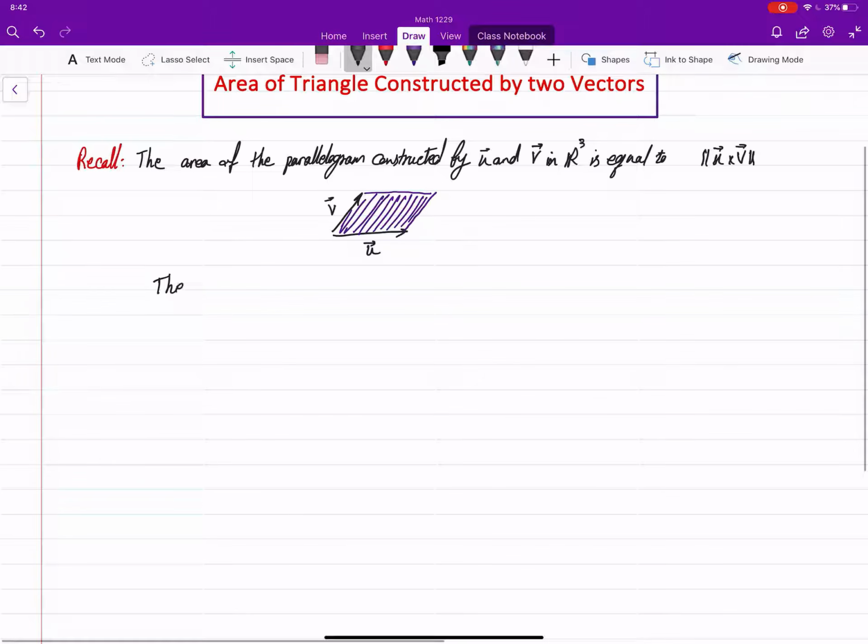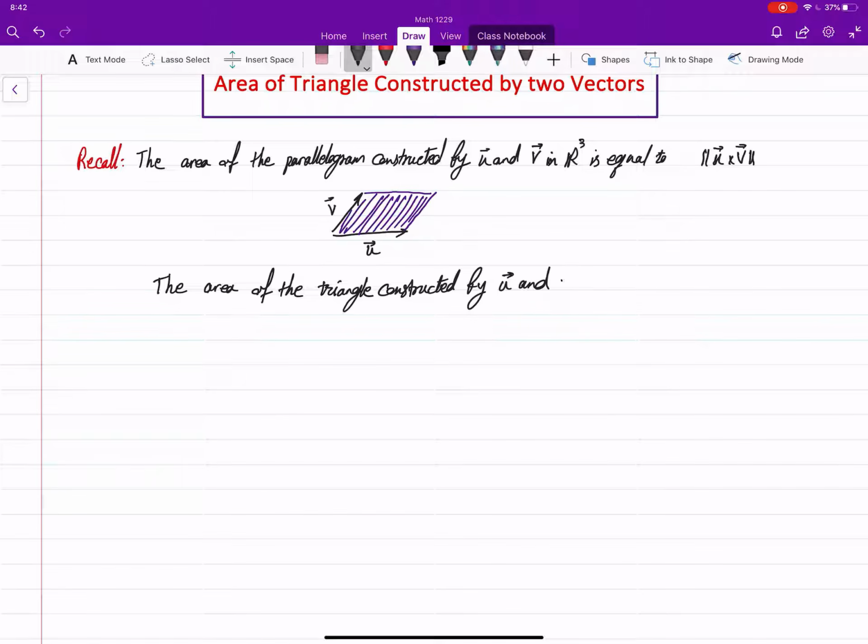Now, to find the area of the triangle constructed by u and v, to see what is happening here, you just need to know this very simple fact that if someone gives me u and v, that will create a triangle, this triangle here.